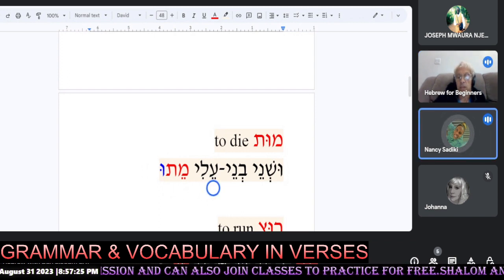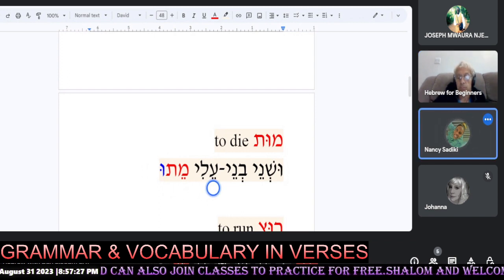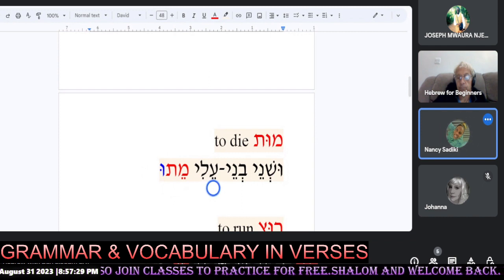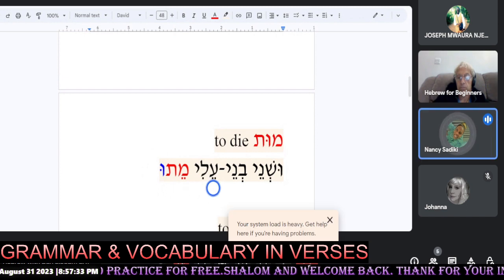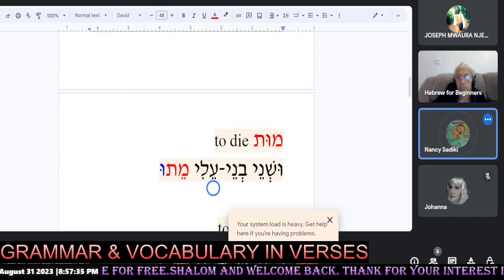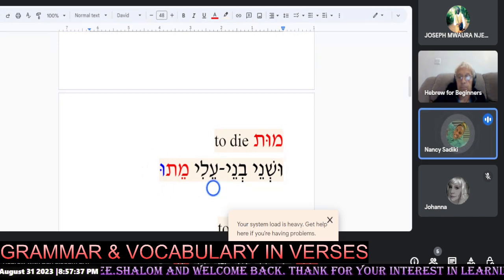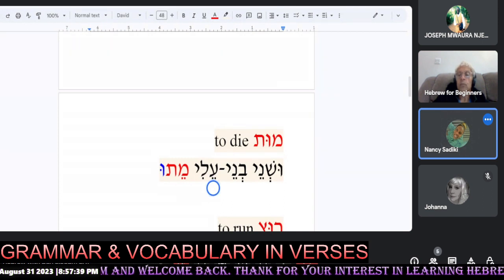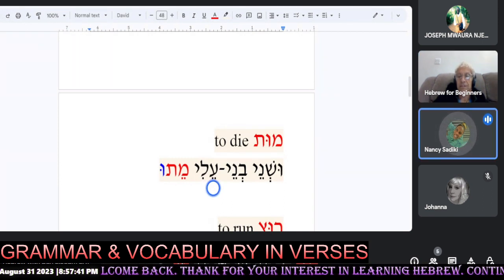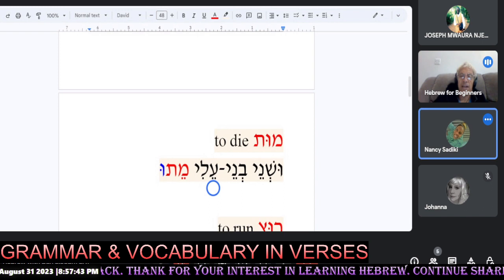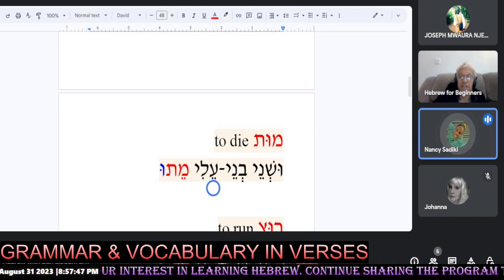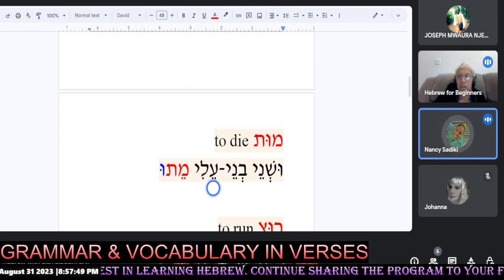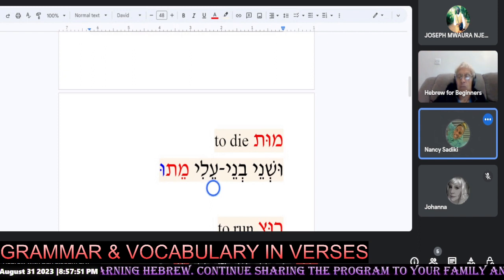May I ask again? This one, mut. There's a Talmud. Is it in that Talmud? Does mut have the same meaning as this one? No, that's a dalet at the end, with Talmud, with the Dalet. Yes, correct.